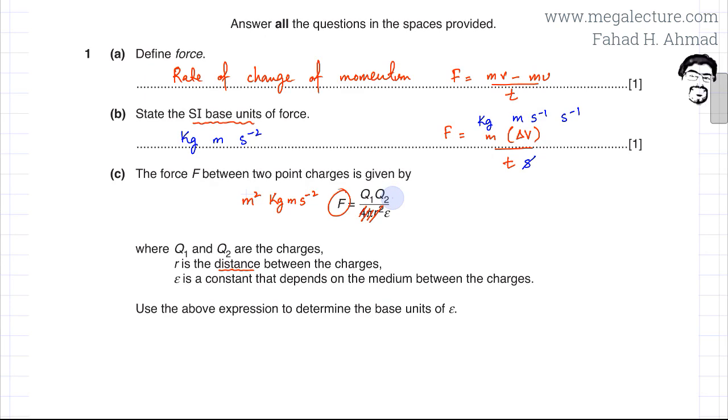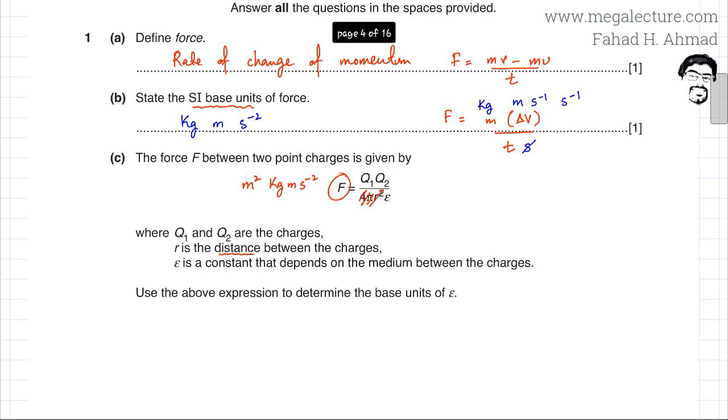Now Q is basically current times time. So the base unit of Q is built from amperes: current is in amperes, time is in seconds, so it's ampere multiplied by second. That's the base unit of Q. So I'm going to make epsilon the subject of the equation.